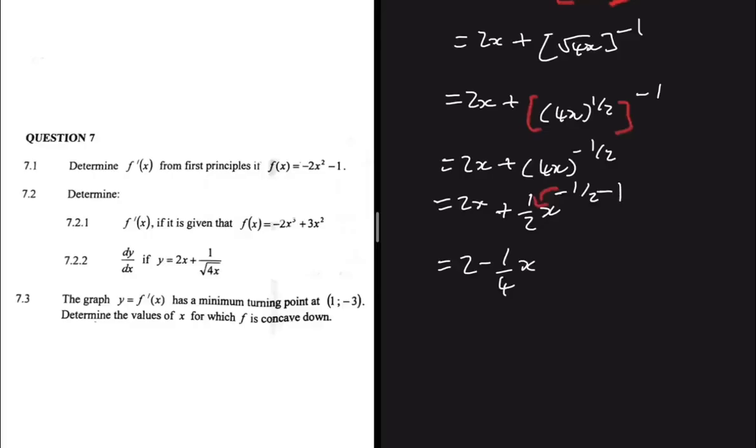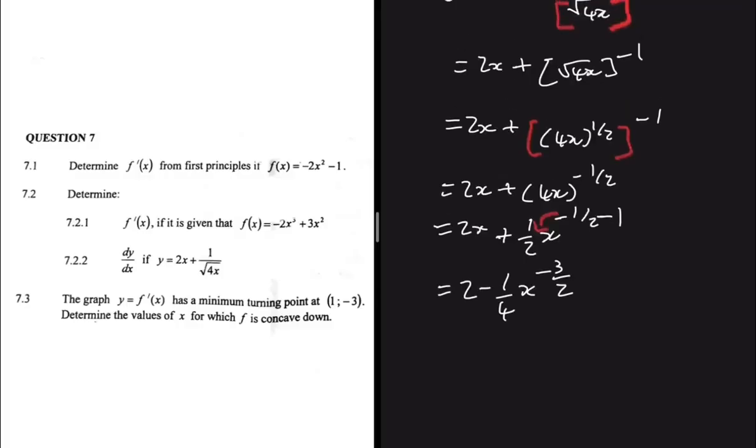If we do that, we can get minus 3 divided by 2, and this is almost our final answer. It's not right. We have to get rid of this minus 3 divided by 2. When we found our equation, it didn't have any minus exponent.